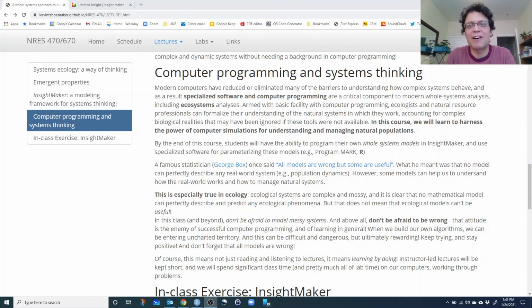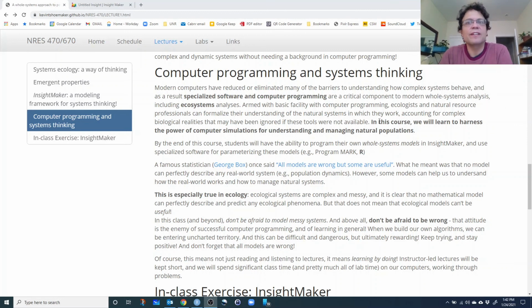The process of talking to a computer is computer programming. It's understanding how a computer works and understanding how to get computers to do what you want them to do. So armed with some basic facility with computer programming, ecologists and natural resource professionals can really go a long way towards building an understanding of the systems that they're working with, an understanding of how everything gets put together and what the implications are for the future.